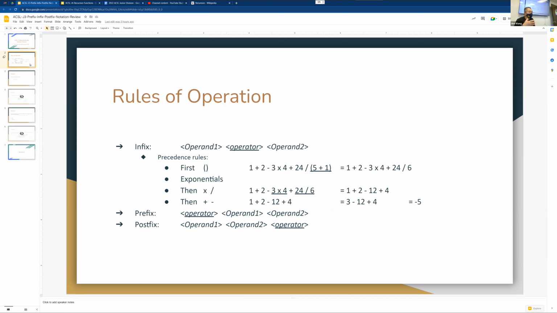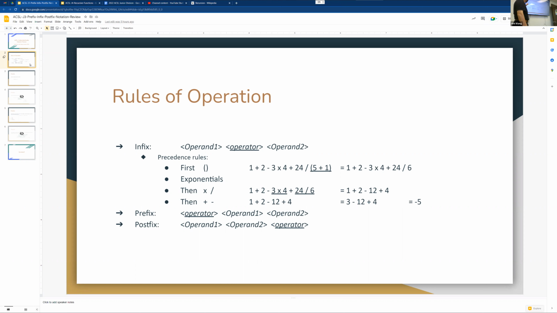As we have learned in school, since first grade or second grade, basically when you start doing math, we learn the infix notation for writing expressions, right? Writing formulas. You've got the operator in the middle. That's called infix.